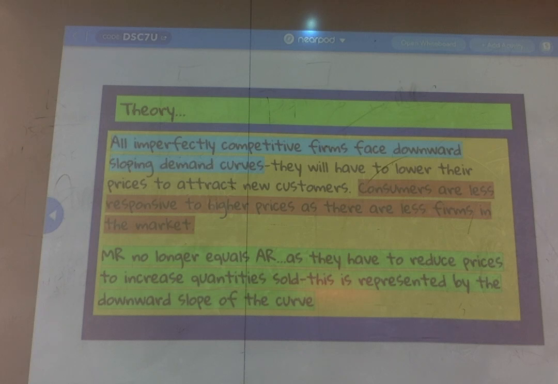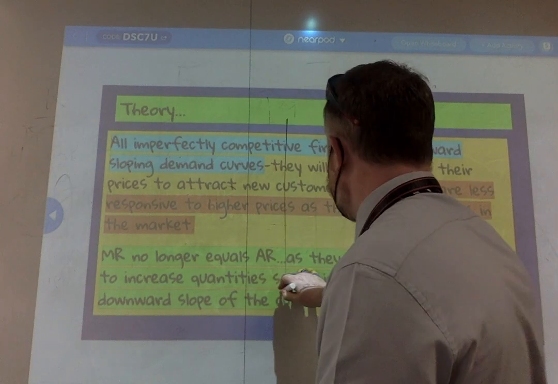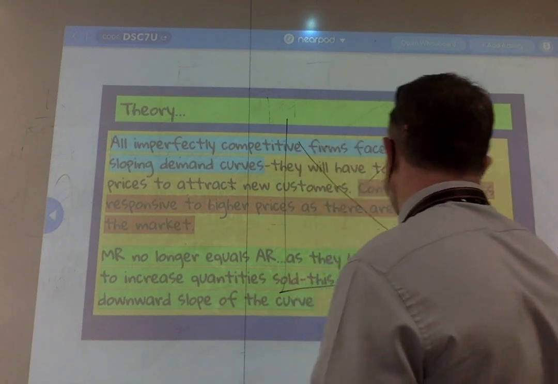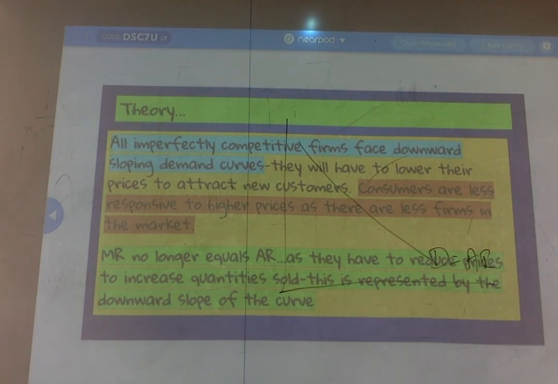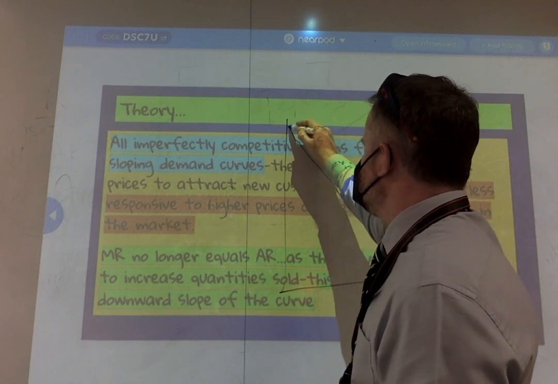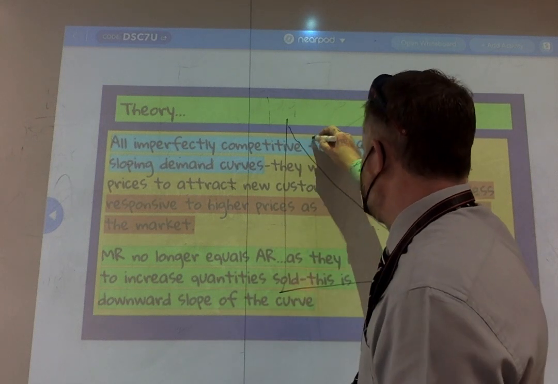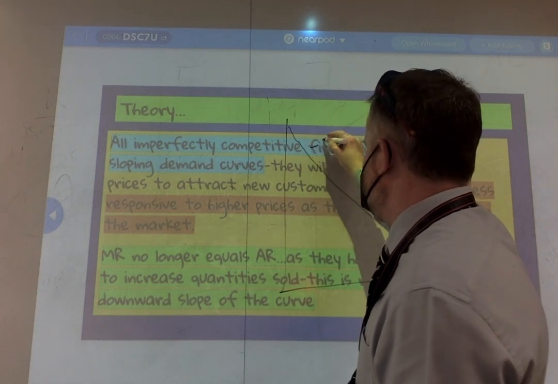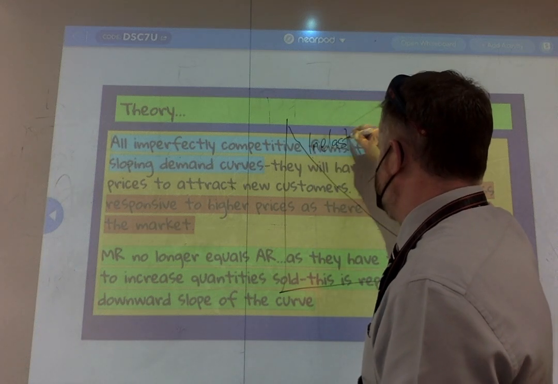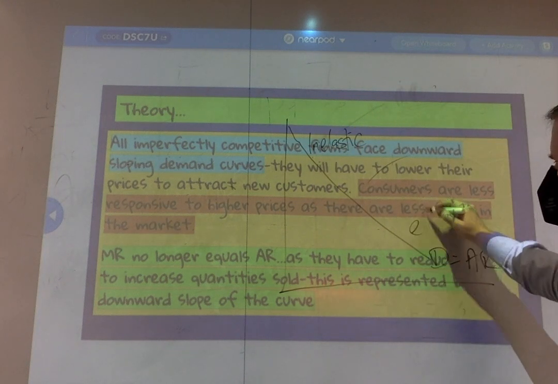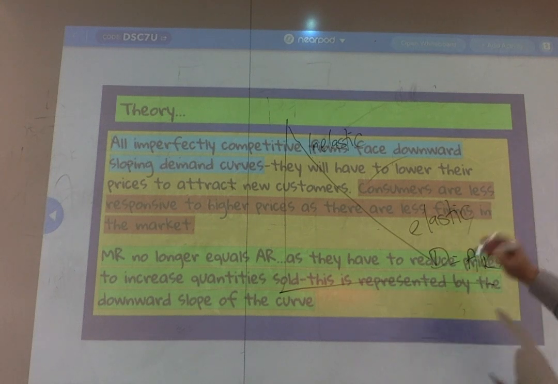Right, so if we draw it up, here's our demand curve, equals average revenue. So that's your inelastic portion. That's your elastic portion. What am I missing?